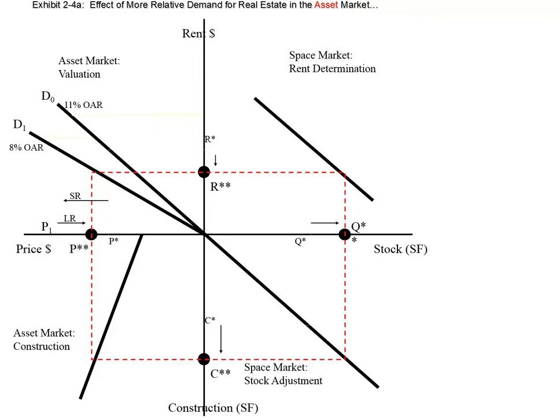But because yields go down enough, you could still see new supply induced. Again, the point is that the asset market valuation is related to, but somewhat independent of, the space market. It's related to it in terms of risk, but in terms of yield, that's really dependent on the other alternatives in the capital market and the appetite for real estate.